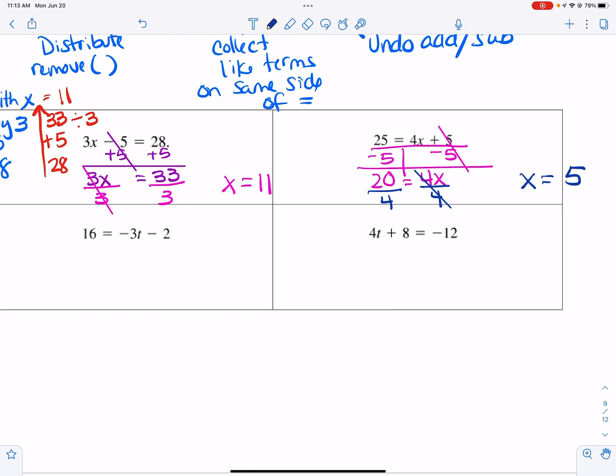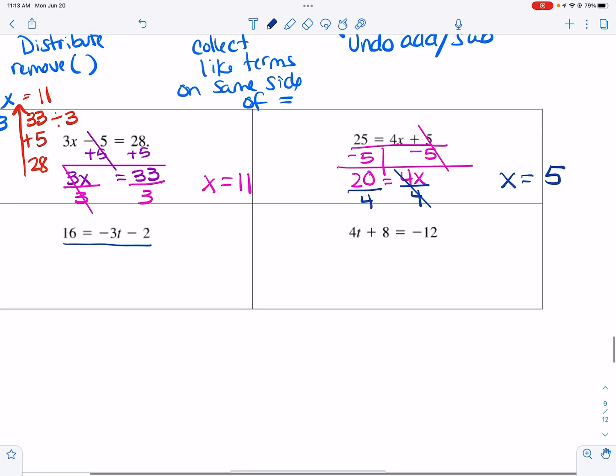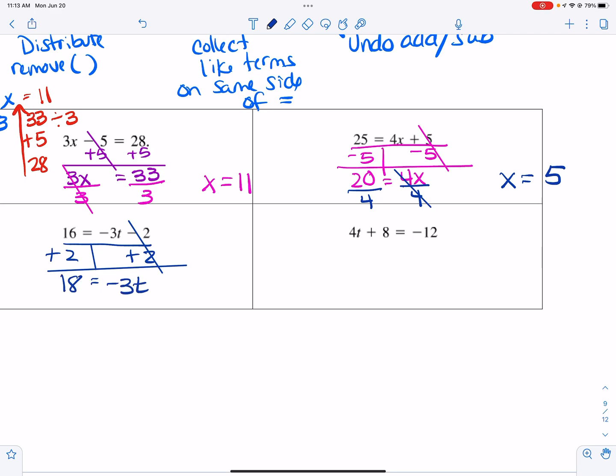Okay, watch your signs. So here I'm going to get rid of the -2 first by adding 2. That goes to 0. -3t is equal to 18. Divide by -3, and that gives me t is equal to -6.